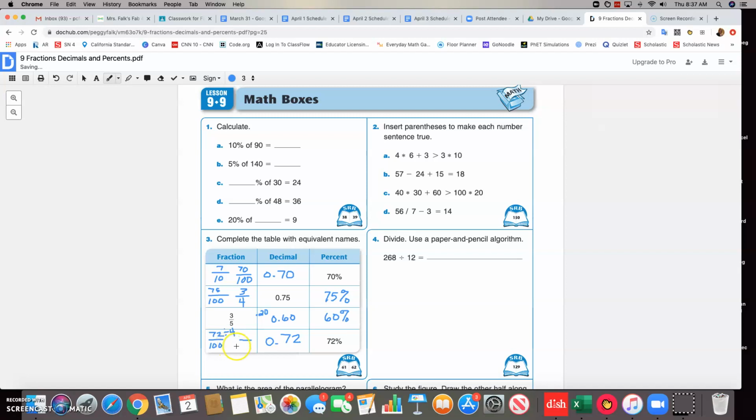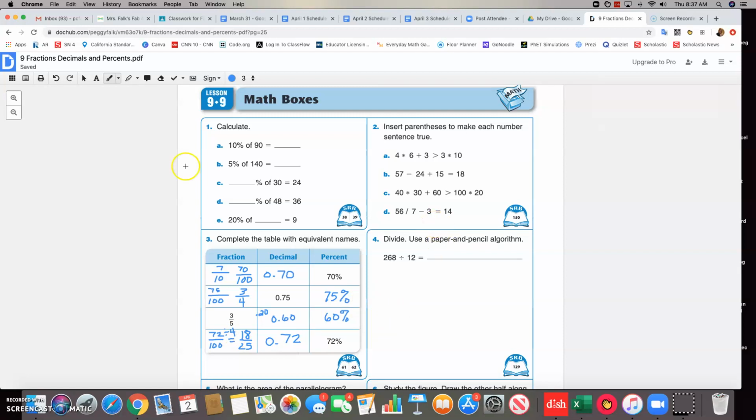Now I know 100 divided by 4 would be 25, like 25 cents, 25 quarters, or 4 quarters. 72 is a little bit harder. Let's see. 4 goes into 7 one time. I have 3 left over, so I think it's 18. Okay, so 18 25ths. That's a little bit trickier, but if you know how to reduce.